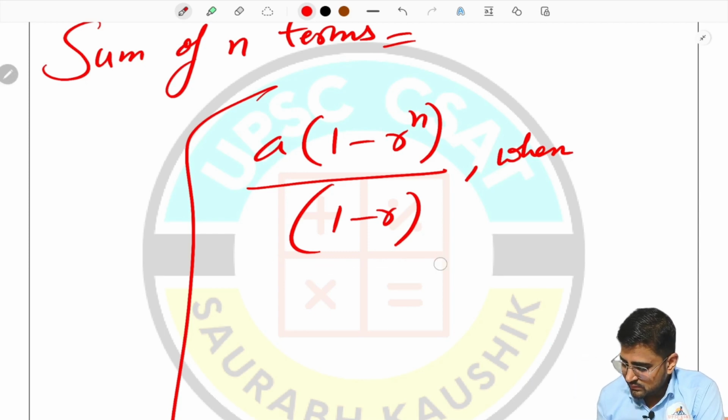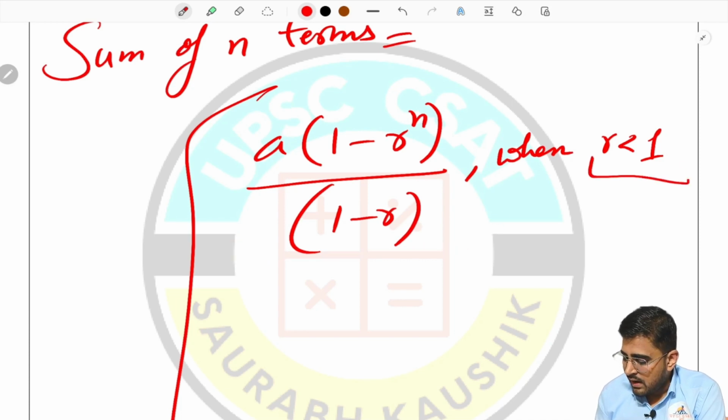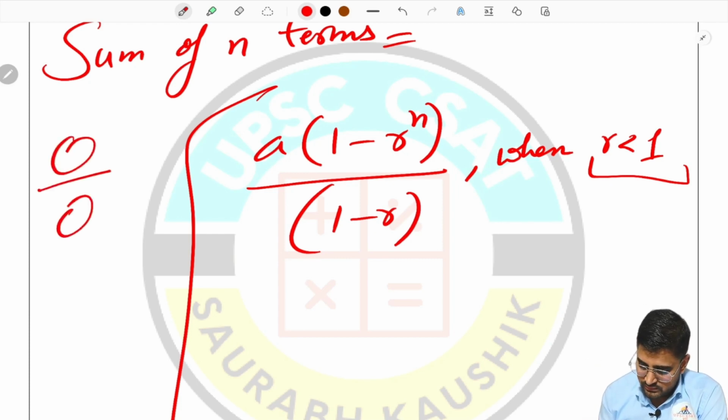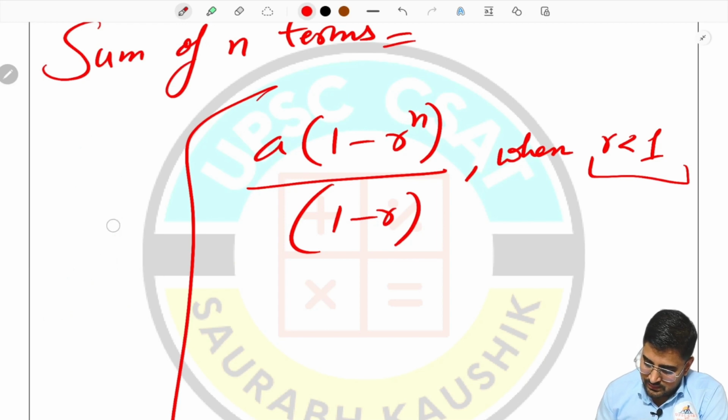From this analysis, you can say that r is less than 1. This formula applies when r is smaller than 1. For example, when the ratio becomes 1 by 2, which is 0.5, it is less than 1.